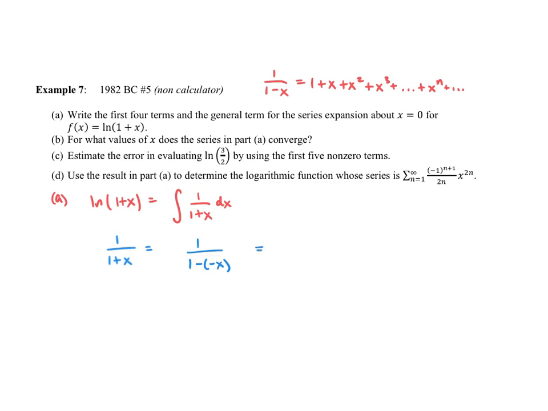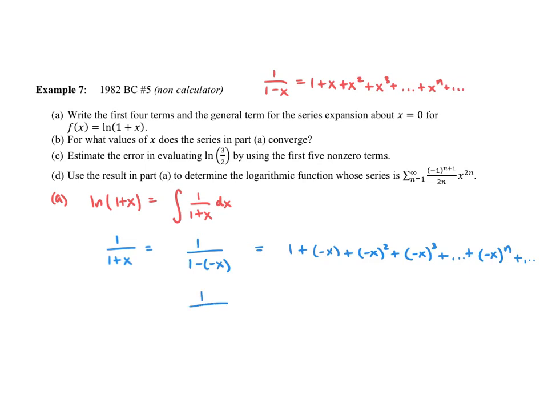Okay, so we have 1 plus negative x plus negative x squared plus negative x cubed, and so on. My general term will be negative x to the n. I suppose I didn't need all that space yet.